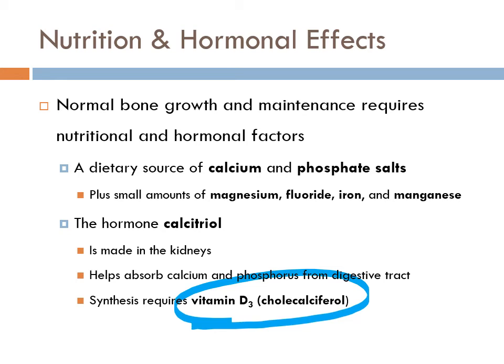So it's just a good way to see how all of our systems are interconnected with one another, that the integumentary system is very important to create the vitamin D to allow for the digestive system to absorb calcium, and then the calcium is going to be deposited into the skeletal system.